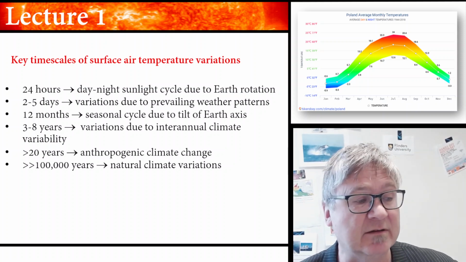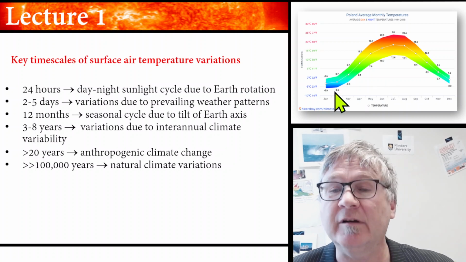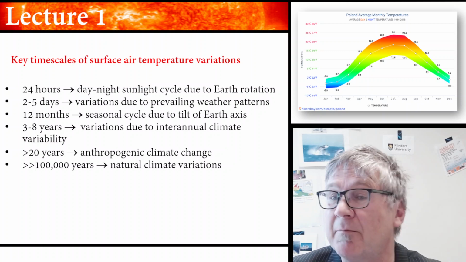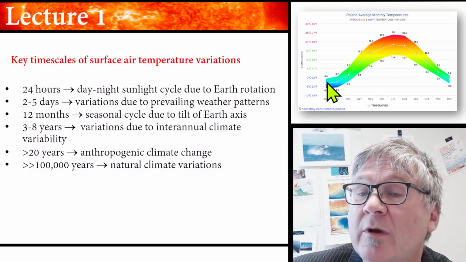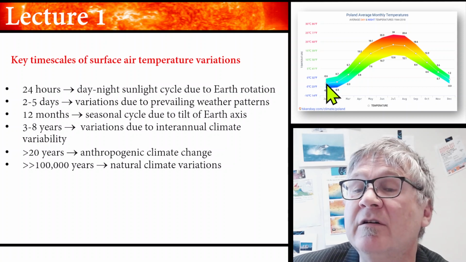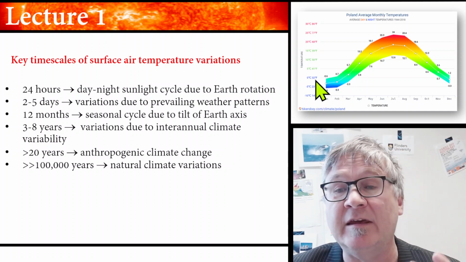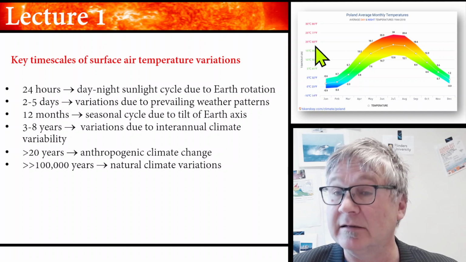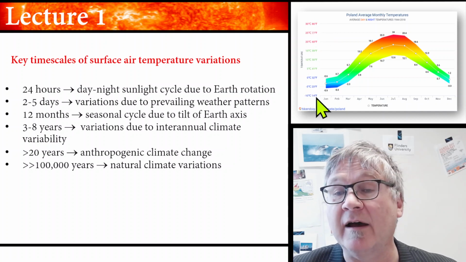Here's a little example. Let's get my pointer working. Here is my pointer. This is the monthly temperature for Poland. So we're in wintertime, northern hemisphere. It's January, and you can read off the temperature. Temperatures are given here on the y-axis, in degrees Celsius, or in Fahrenheit.